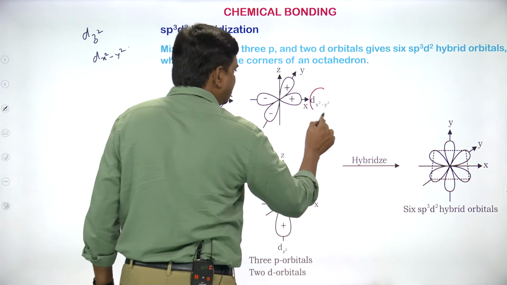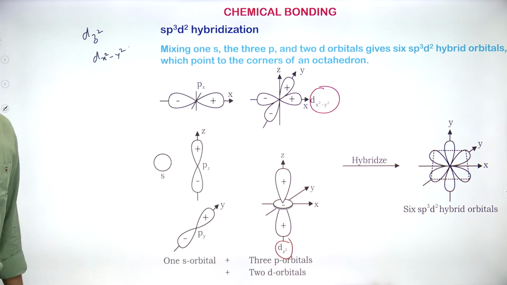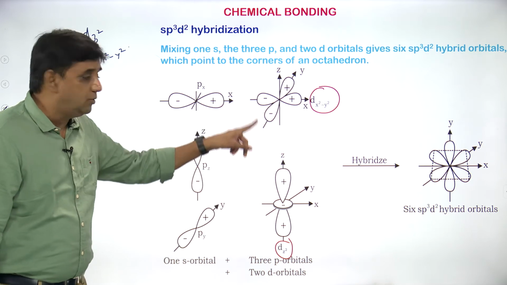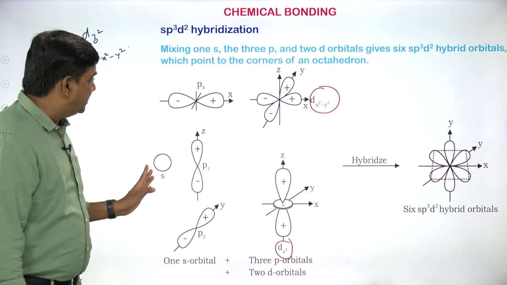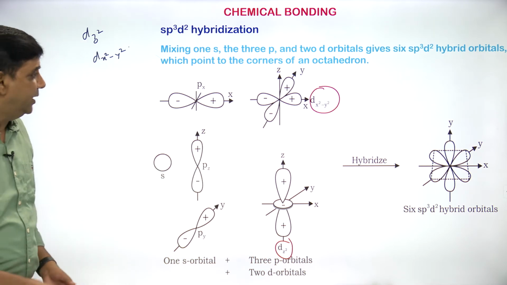So 1 s orbital, 3 p orbitals and 2 d orbitals make the sp3d2 hybridization.